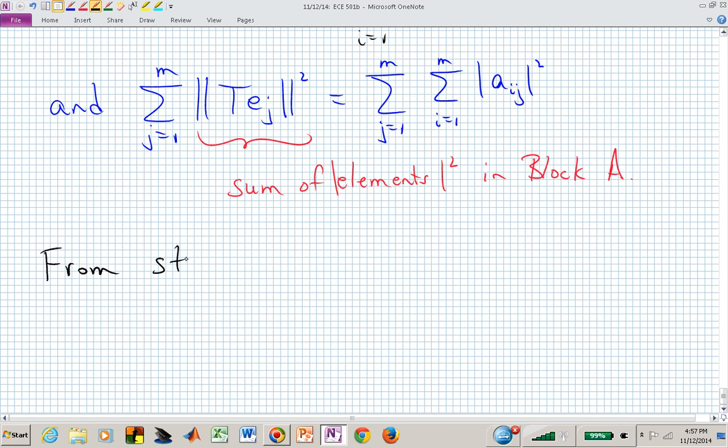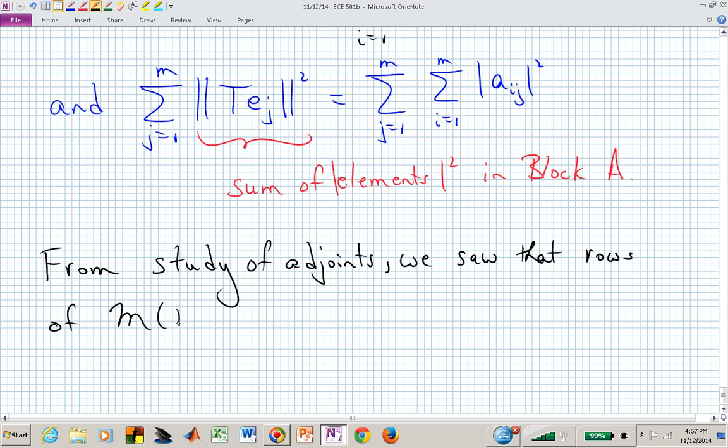From our study of adjoints, we saw that rows of the matrix representation of T will be expansions of T dagger e sub j, meaning rows and columns get interchanged when we talk about adjoints.